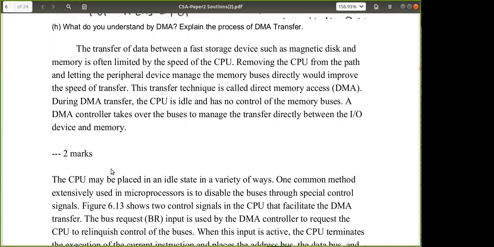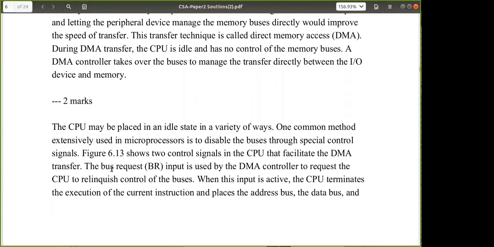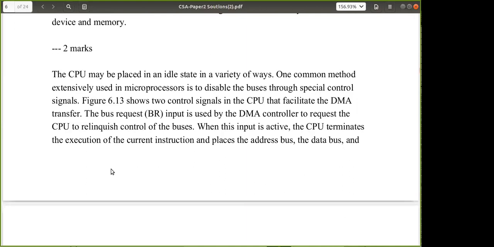If it is a 5 marks question, then we have to explain how the DMA controller works. So let's see. DMA uses two signals. The bus request is an input used by the DMA controller to request the CPU to relinquish control of the buses.